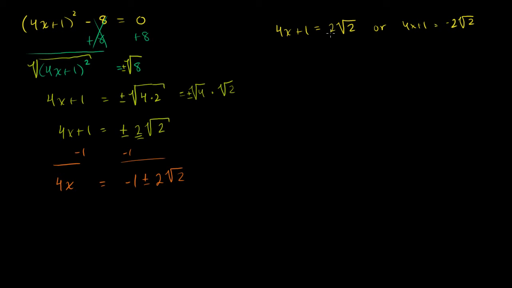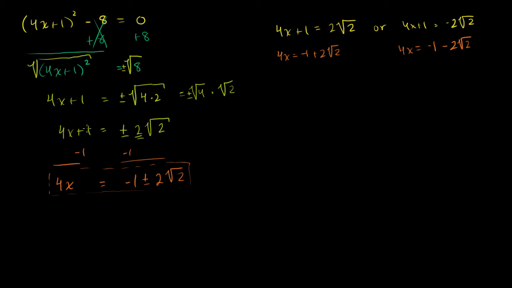Subtract 1 from both sides, you get 4x is equal to negative 1 plus 2 times the square root of 2. This equation, subtract 1 from both sides, 4x is equal to negative 1 minus 2 times the square root of 2. This statement right here is completely equivalent to these two statements.